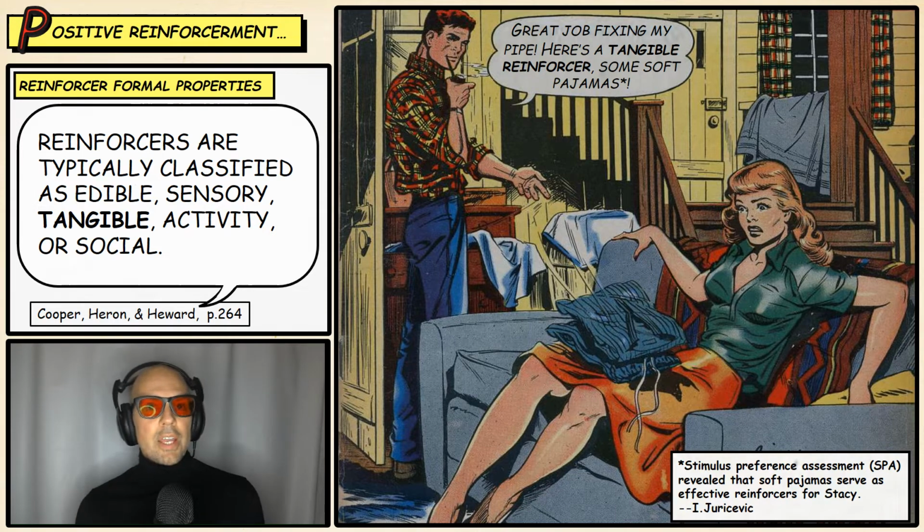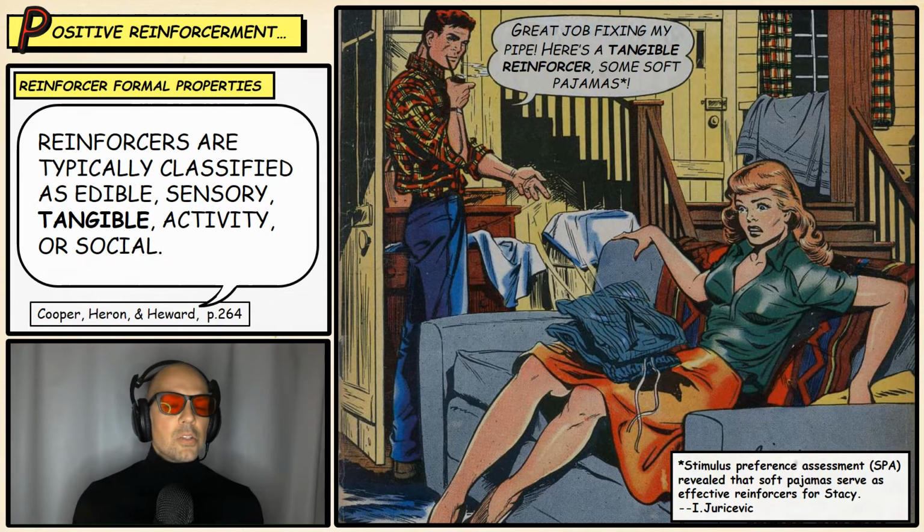Think of little trinkets, trading cards, small toys, soft pajamas, anything that you can actually touch can be used as a tangible reinforcer. So again, you present that as a consequence of a behavior that's positive. And if it's a tangible reinforcer, the behavior that was reinforced will increase in the future.